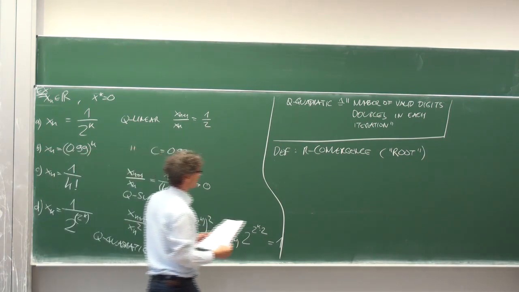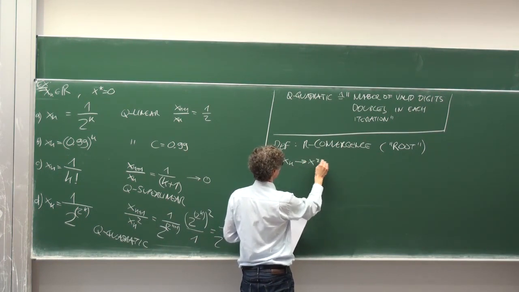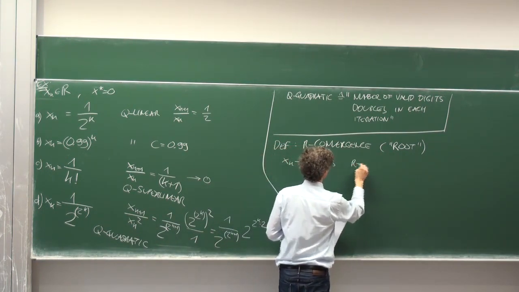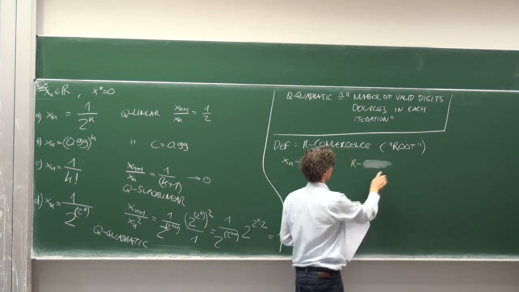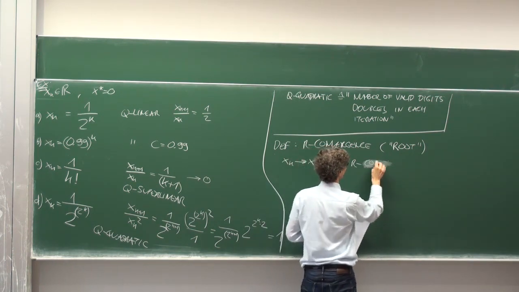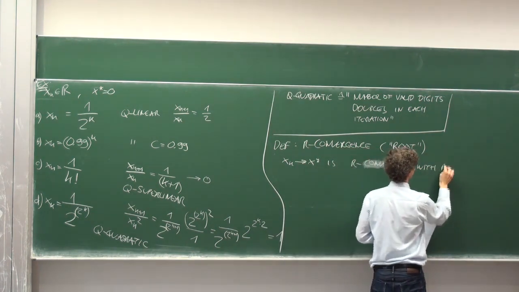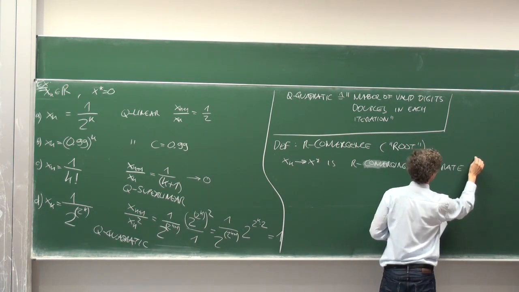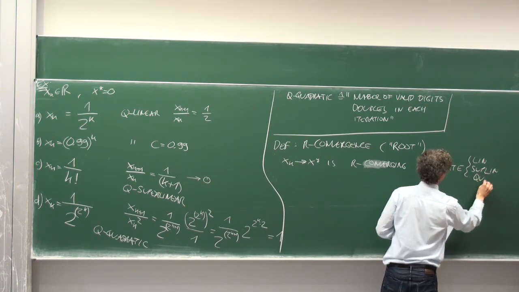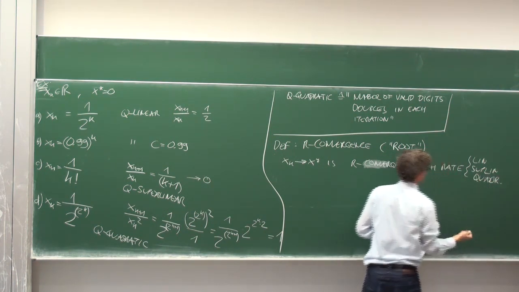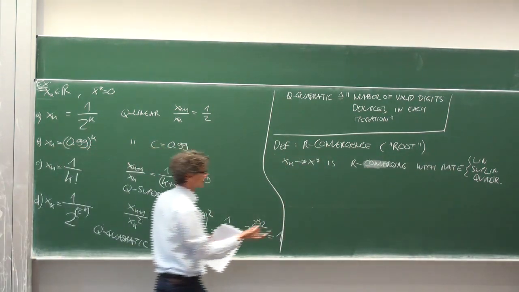The main point here is that a sequence xk that converges to some point is R converging with rate, and then you can have it either linear, or superlinear, or quadratically, if there exists an upper bounding sequence for the distances, which is actually converging with a Q rate.